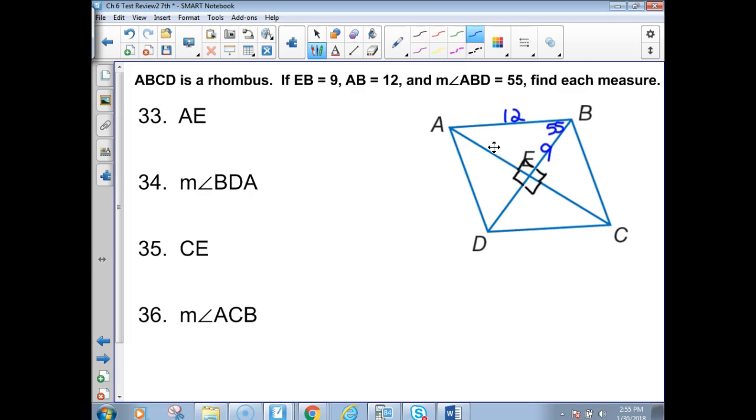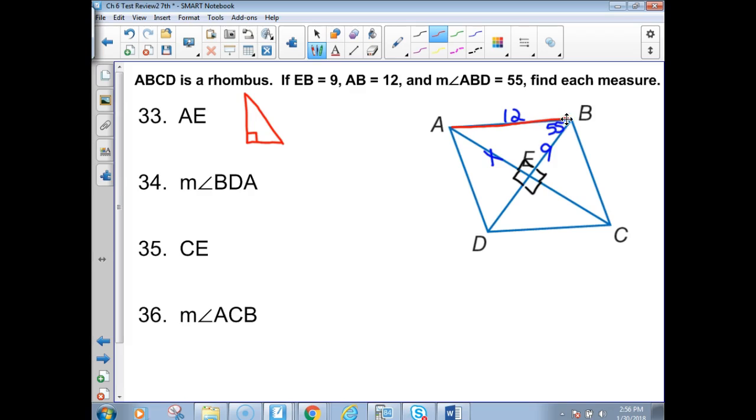It said to find A to E. Well, A to E is not 9 and it is not 12. You're right. Thank you very much, Sterling, that we are going to need to do Pythagorean theorem. And that's one reason we want to realize immediately that the diagonals of a rhombus are perpendicular. I'll draw you what I'm talking about here.